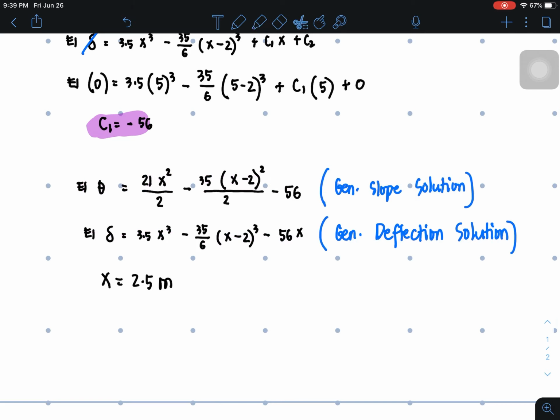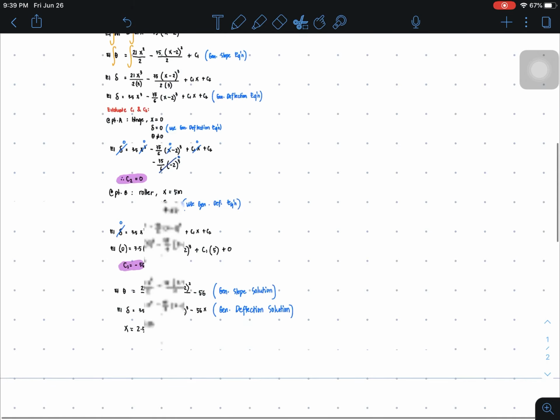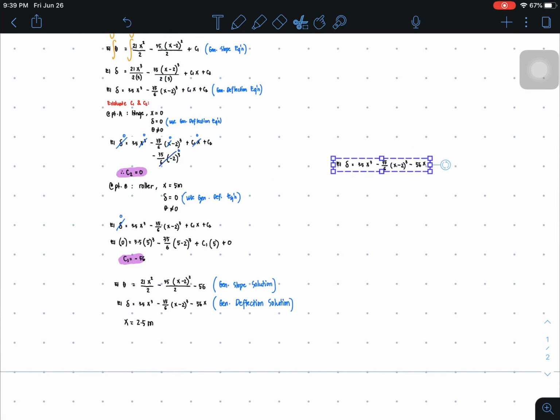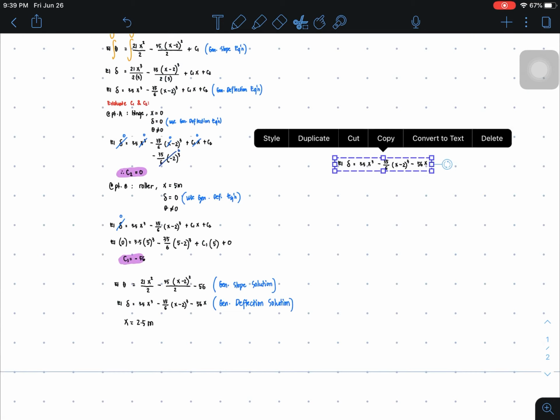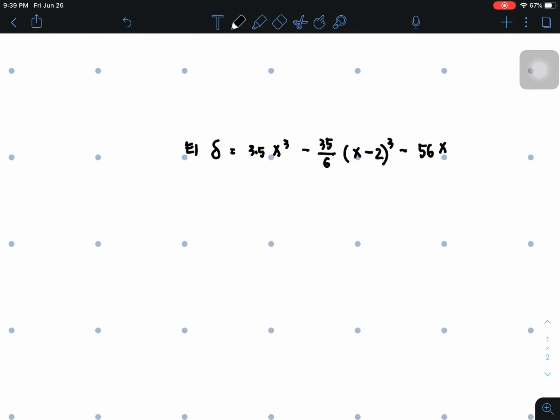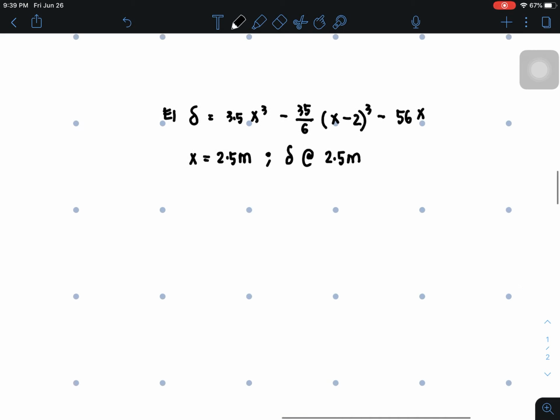Since we're solving for deflection, we are going to copy this and rewrite it here. Okay, I don't have space anymore. Then we substitute x equal to 2.5 meters, since we are looking for the deflection at 2.5 meters.